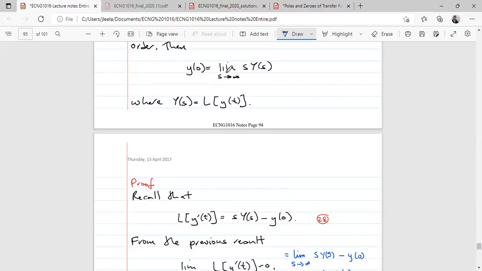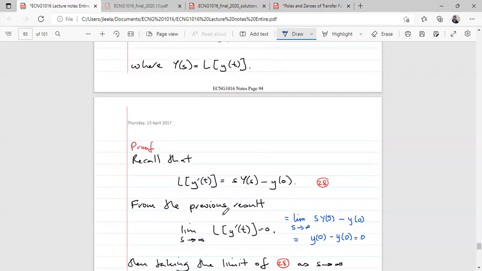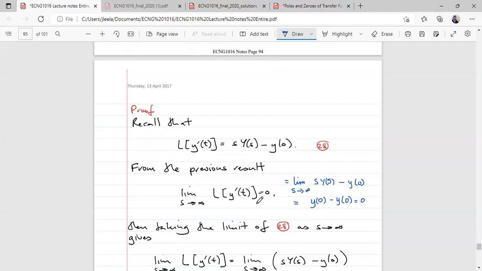This y(0) is the limit as s approaches infinity of s Y(s), and this s Y(s), replace that with y(0). So y(0) minus y(0) is 0. So that is why you get 0 here.